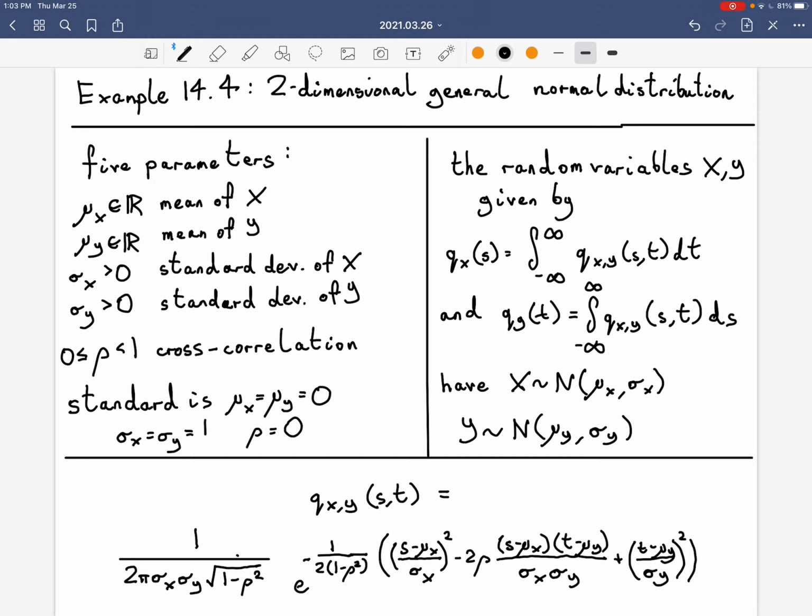Okay. And then you have this formula at the bottom of the page, which is the probability density function of the two-dimensional general normal. I'll just say that the thing 1 divided by what you have in the beginning is necessary to make the integral of the whole thing 1. The exponent is what's called a normalized quadratic form. It's, in fact, a positive definite quadratic form.